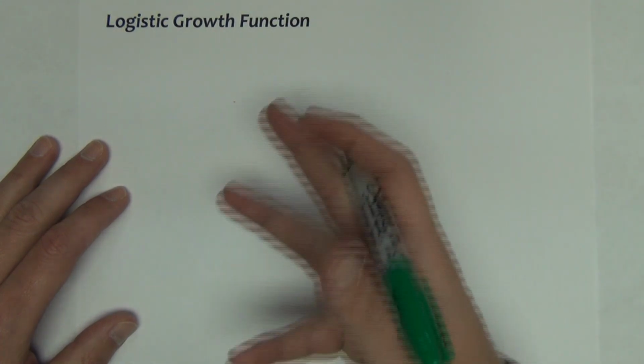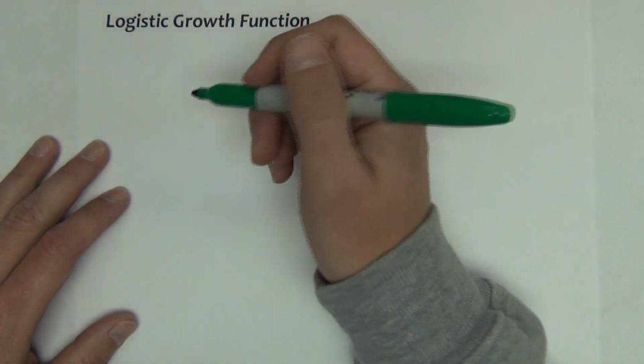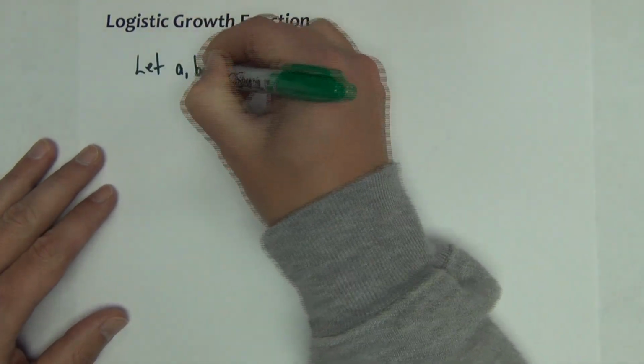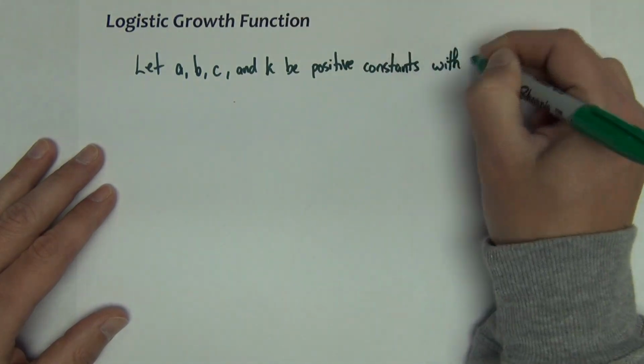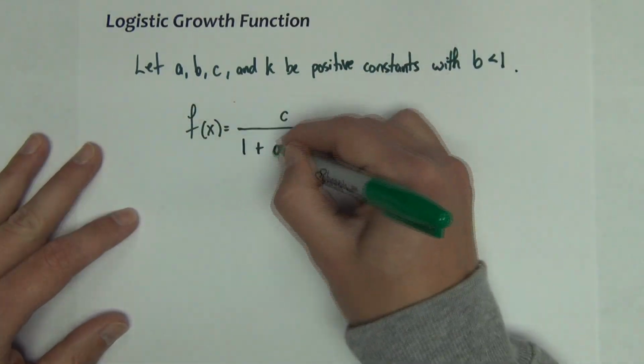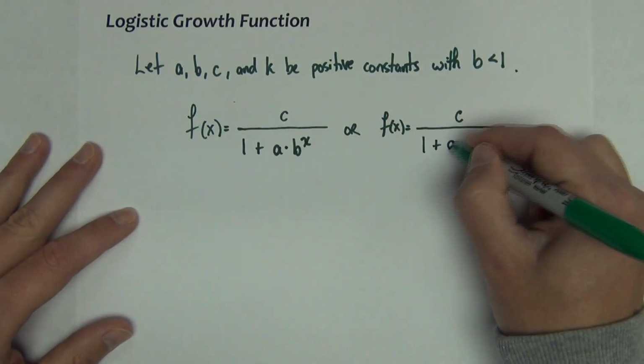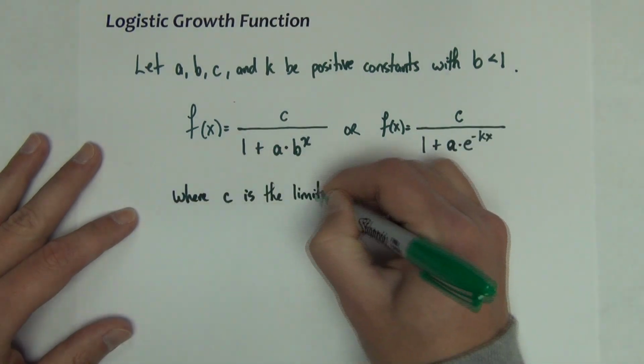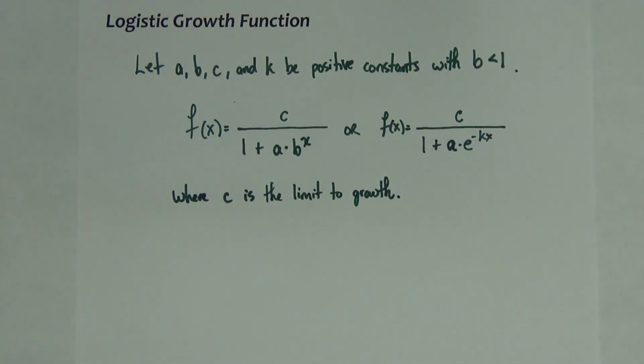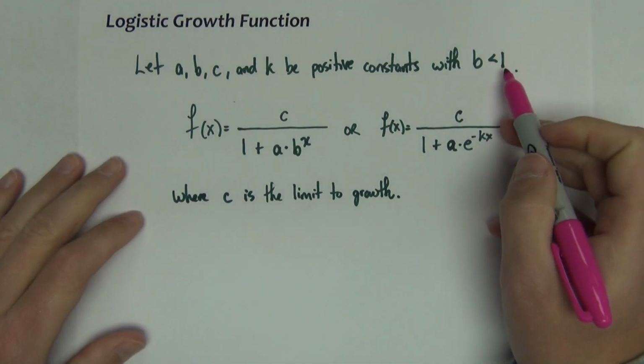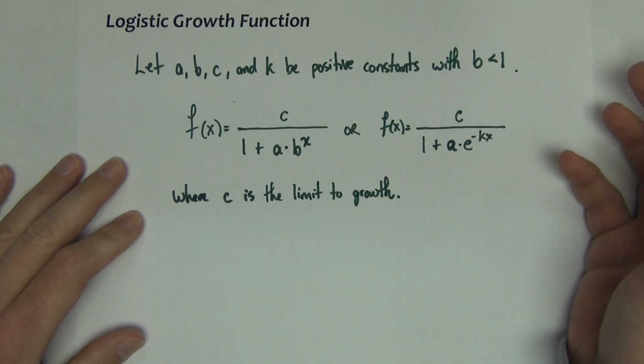Okay, so here's our formal definition of this function. We let a, b, c, and k be positive constants with b less than 1, so a positive number between 0 and 1.